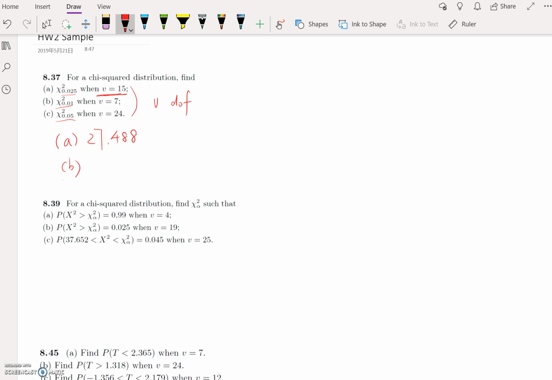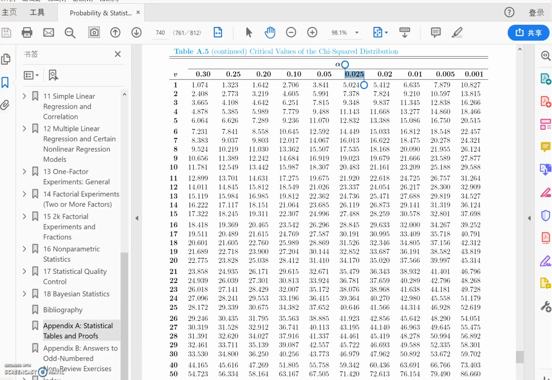Let's take a look at the next one. Find the chi-square value for alpha equals 0.01 when V equals 7. Here's 0.01, and V equals 7. So this value should be 18.475.